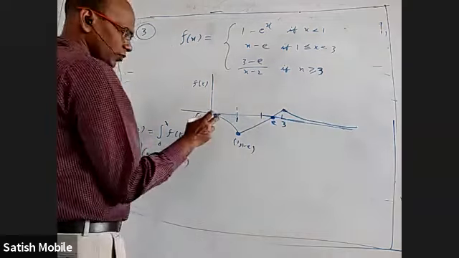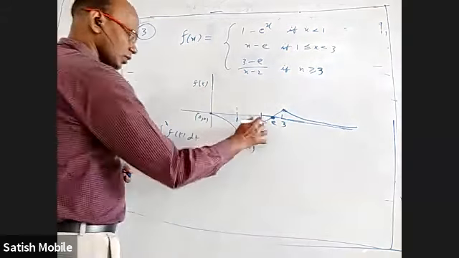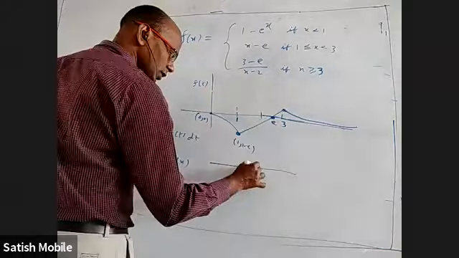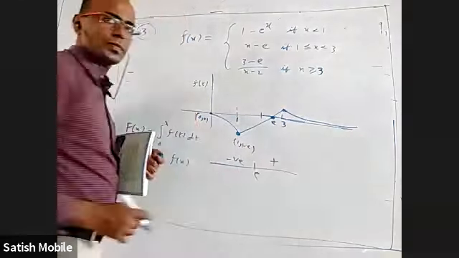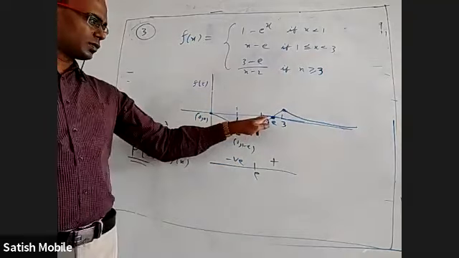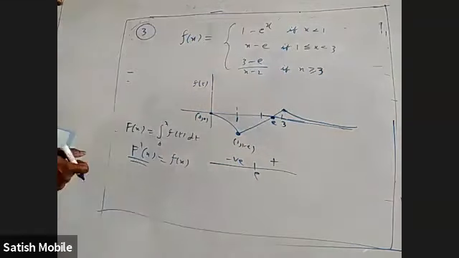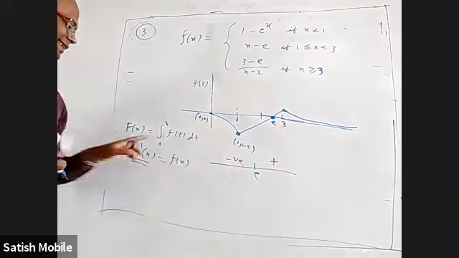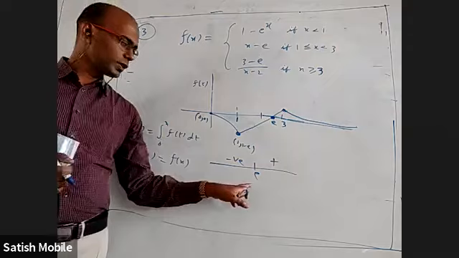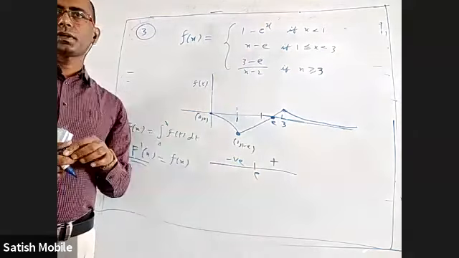What is important, if you look at the figure, is that up to e it is negative, and after e it is positive, right? All this is below and all this is above. So now coming to capital F, up to e it is negative, meaning capital F is decreasing up to e and increasing after that.